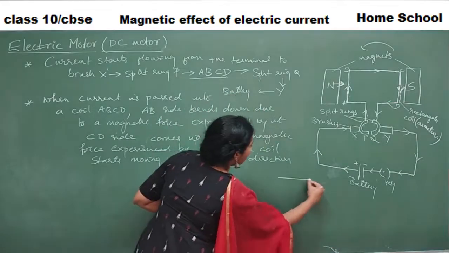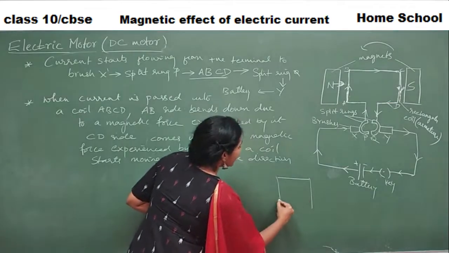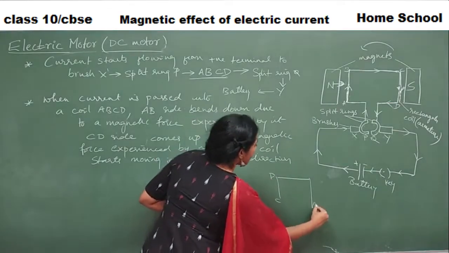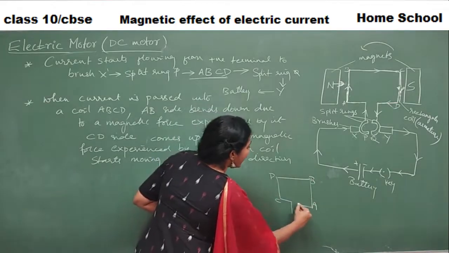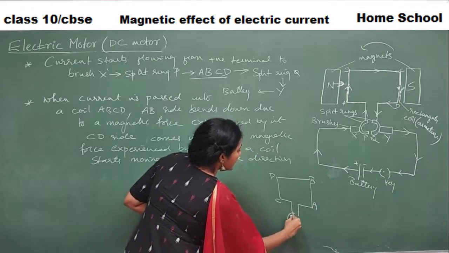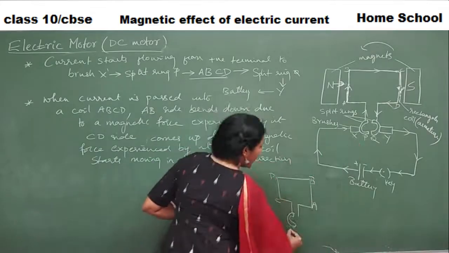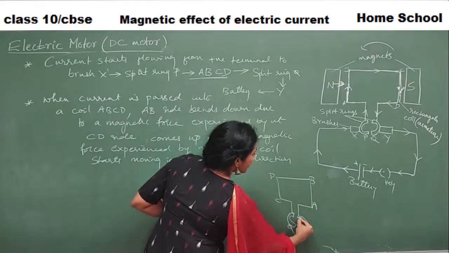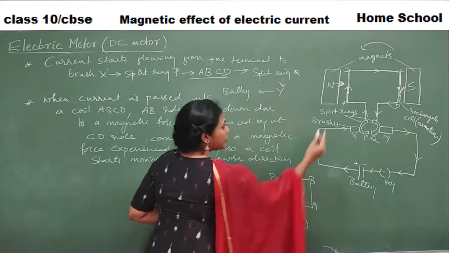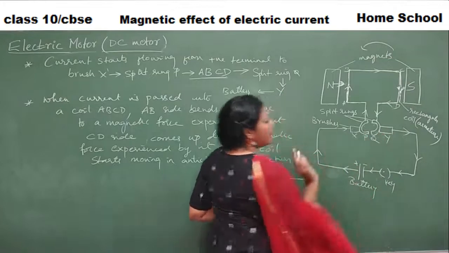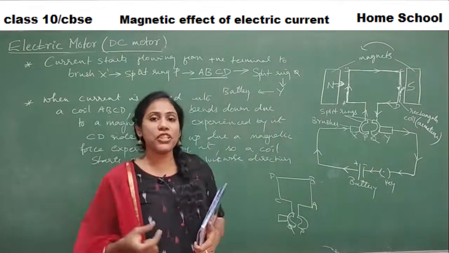What has happened now? What has happened here? This has become your CD. This has become your AB. And the split rings: this is the split ring Q now, and this is the split ring P now. So what is there here? X will not change. Brushes X and Y are in a fixed position, guys.